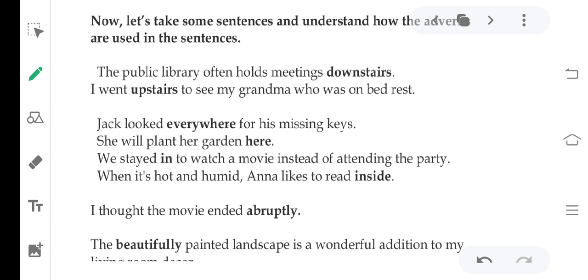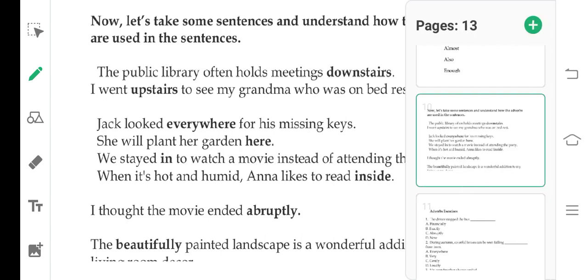So beautifully was used here, and what kind of adverb is it? It is an adverb of manner, isn't it? Okay, let's move on to the next slide.